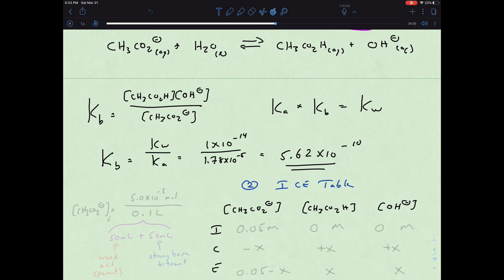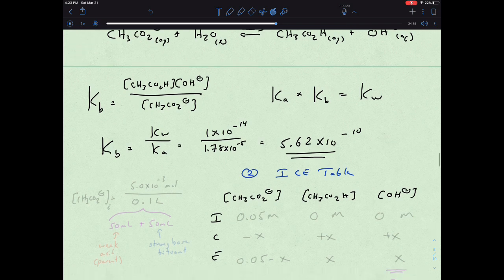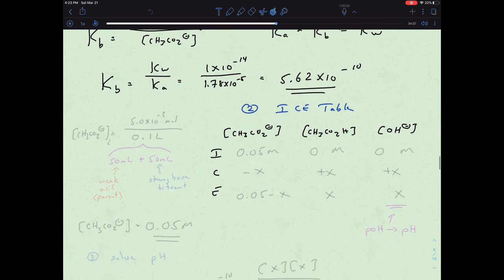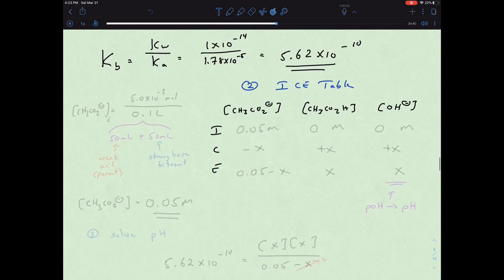And so now we're going back to the initial concentrations that we would need for the acetate. So if we take our acetate concentration, we had 5.0 times 10 to the negative third moles of that over now 0.1 liters. Where is that 0.1 liters coming from?